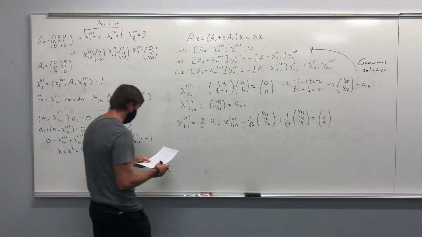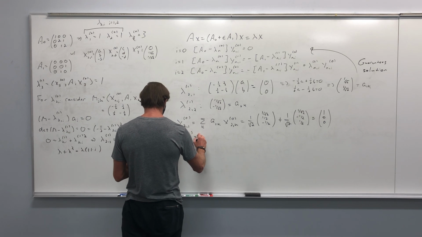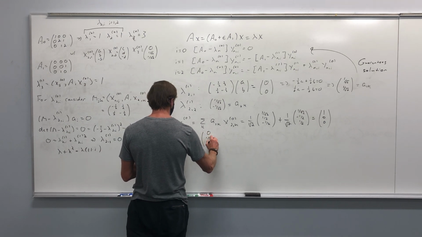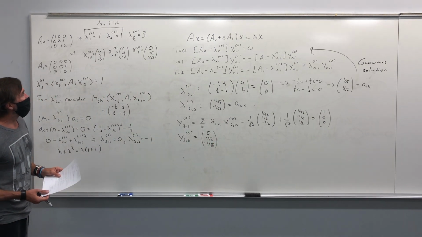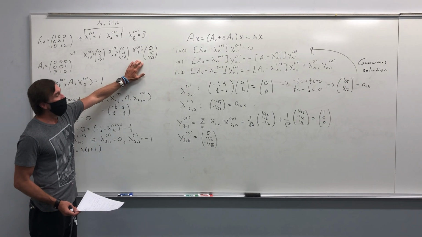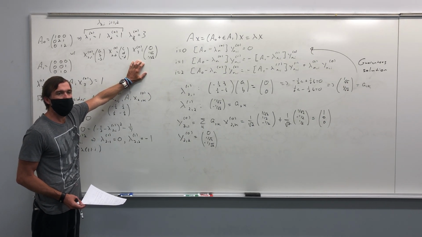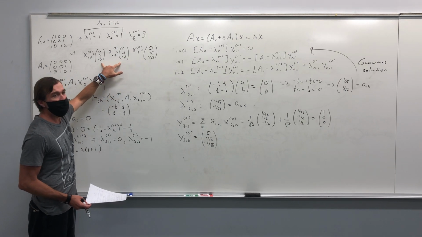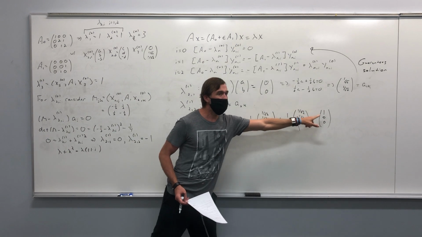All right? And similarly, we can calculate y22. And that ends up being 0, 1 over root 2, minus 1 over root 2. I just want you to notice, this was distinct. There was no arbitrariness in picking it. There was arbitrariness in picking these until we aligned them with the corrections, in which case we got these.